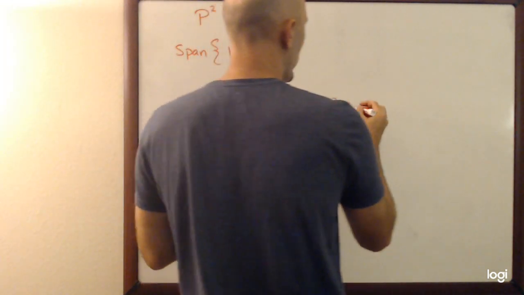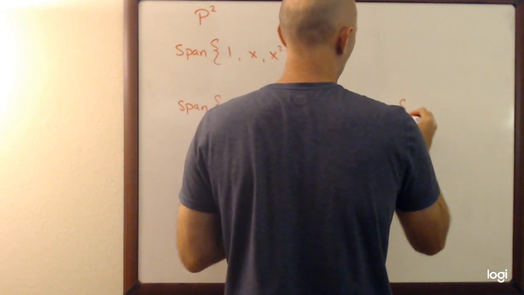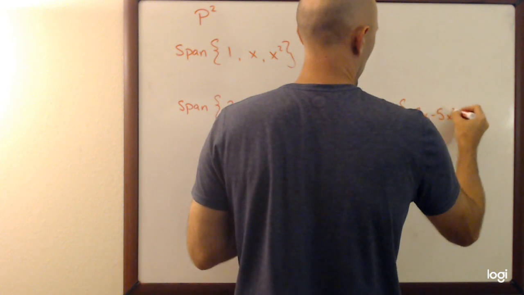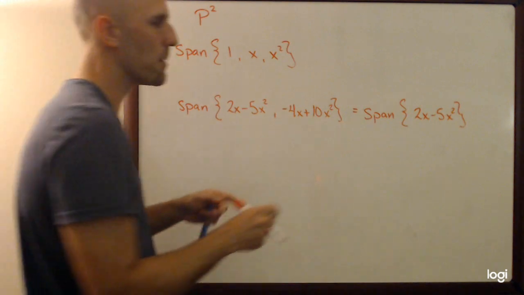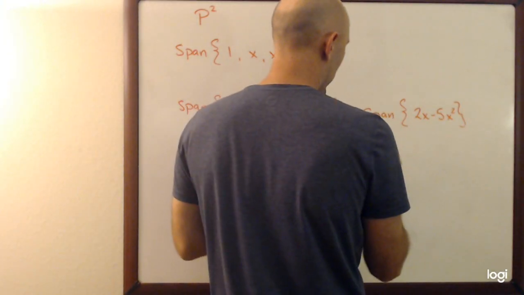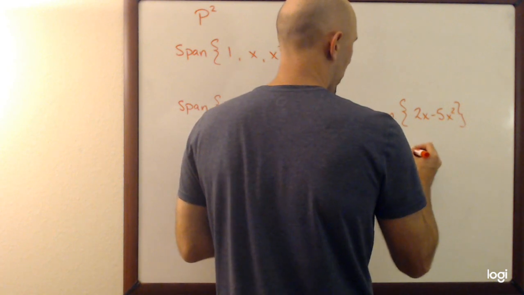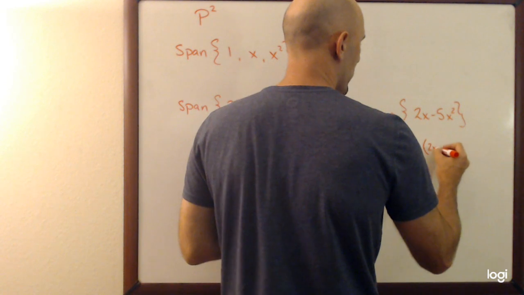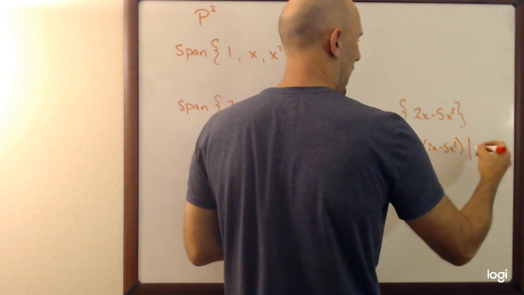If I just were to look at the span of 2x minus 5x squared, isn't this span just all polynomials which are equal to some constant times 2x minus 5x squared? That's what span means, right?